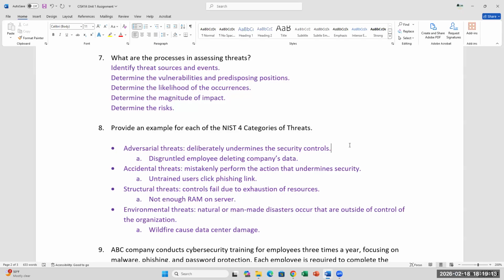The third category is your structural threat. In structural threat, your control is exhausted or it's not holding up to what it's supposed to do. Could be that your system is old or RAM is not enough on your server and it's failing, right? Or your firewall rule is not effective because it's not configured properly.